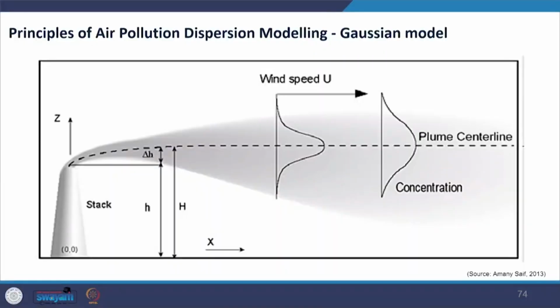Mostly the numerical prediction models are developed based on Gaussian assumptions. In case of a point source of pollution, for example a chimney stack, the basic Gaussian model considers that the pollutant emission spreads outward from the source in an expanding plume aligned to the wind direction.